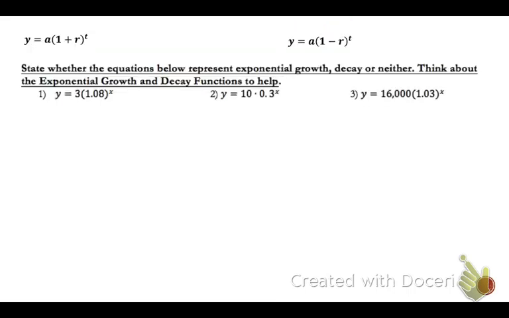The next thing I'd like you to do before we jump into real life situations is just to look at equations and figure out if they're situations of growth or decay. So I want you to think about the exponential growth and decay formulas or functions to help you. So I've put them for you on the video, and you can also look at them in your notes.